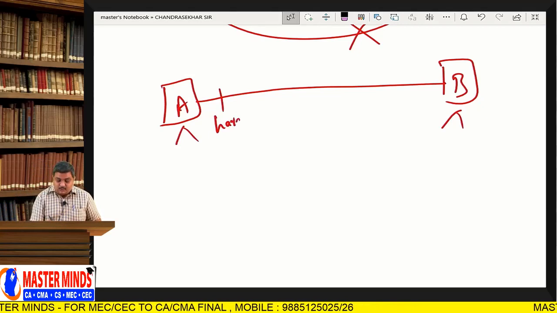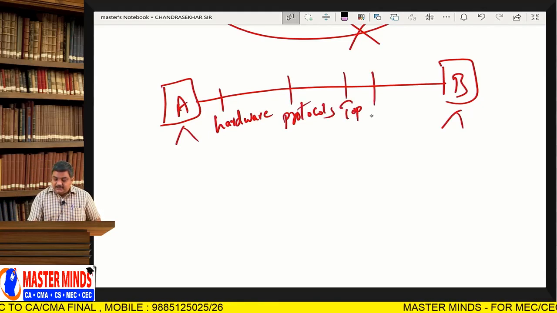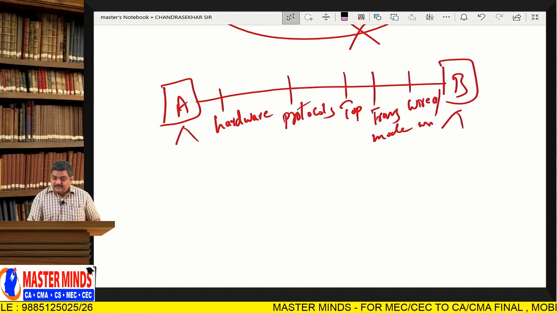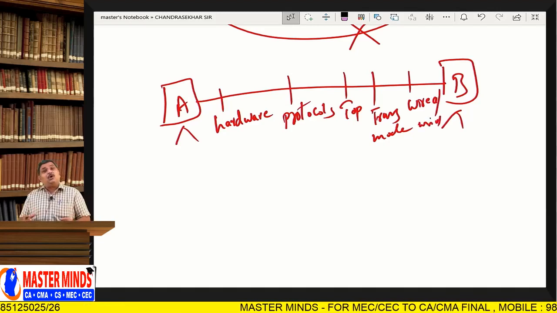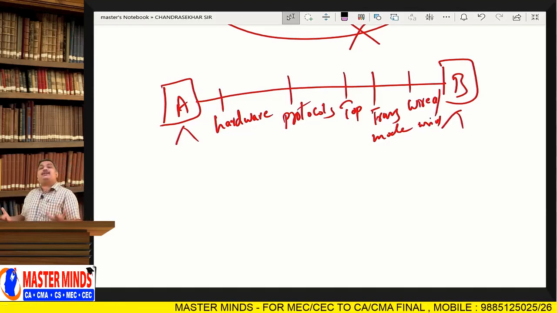Hardware devices like routers, switches are required, protocols are required, topology is required, transmission mode is required, wired or wireless channels are required. That means these are all the basic components. See, in order to construct a building, what are required?